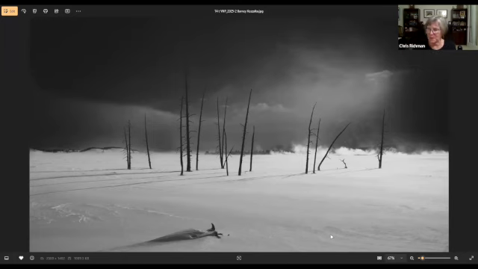So again, it depends on the story you're telling, but always take the time to look and say, what are my compositional elements? I've got the horizon in the middle. Do I like that? Does it work for this image? Yeah, I really love the way it dissects dark and light. You have to look at your image and look at the compositional elements and see what they're doing for your story.